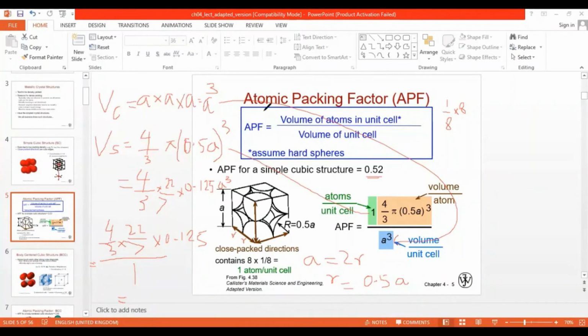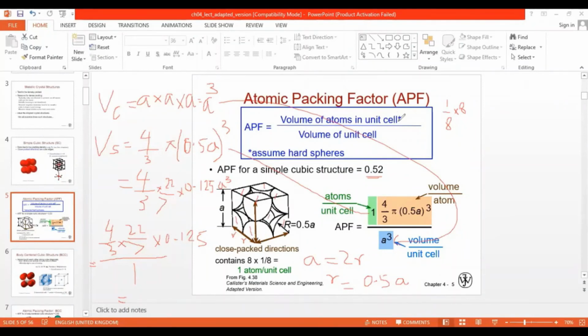This atomic packing factor is given as the volume of atoms in the unit cell over the volume of the unit cell. You need to understand the difference between these two. Volume of atoms in the unit cell is this atom, this atom, this atom, this atom, this one, this one, this one, and this one.